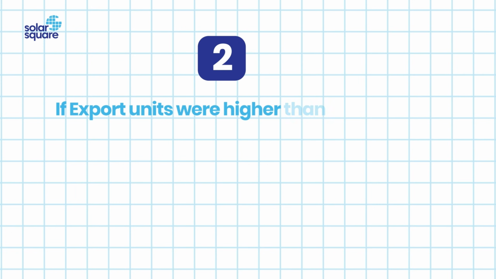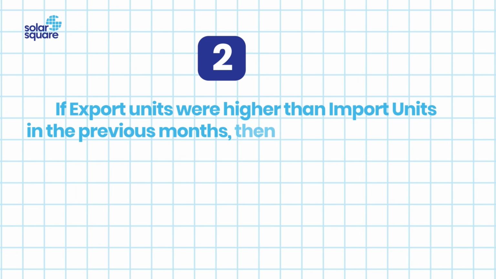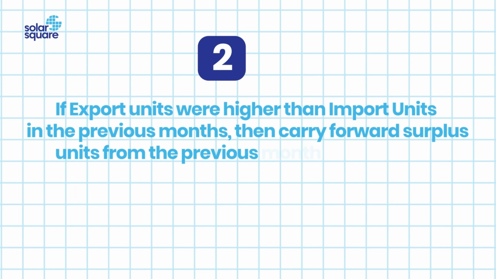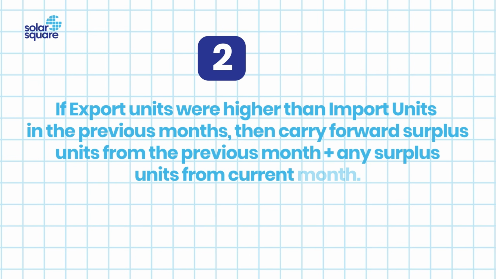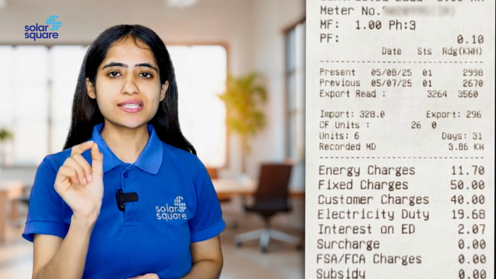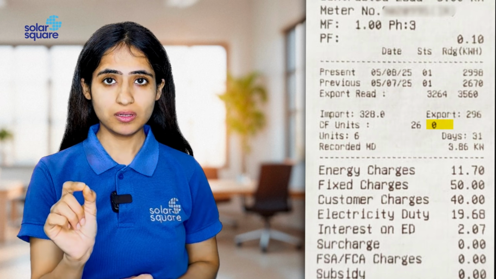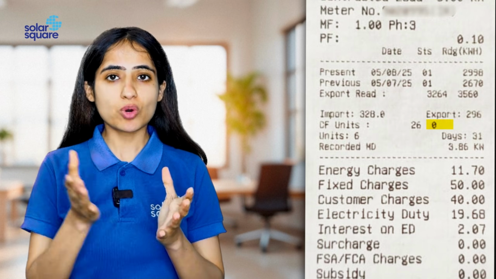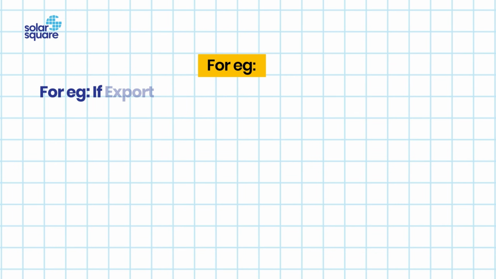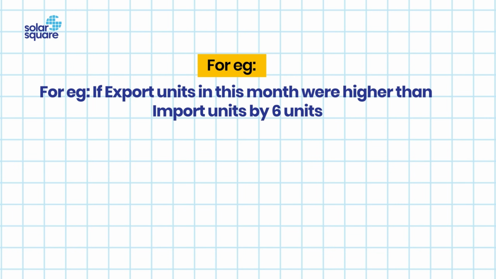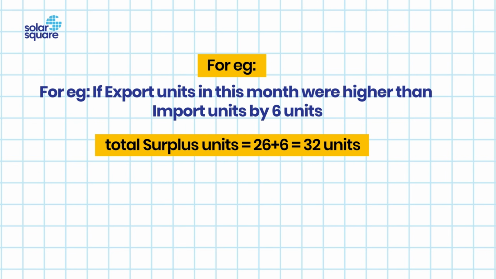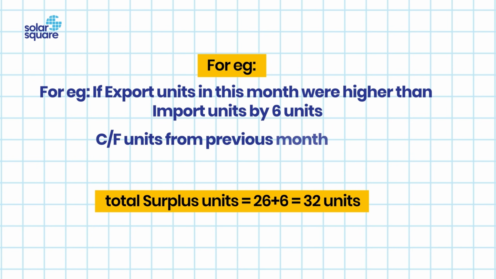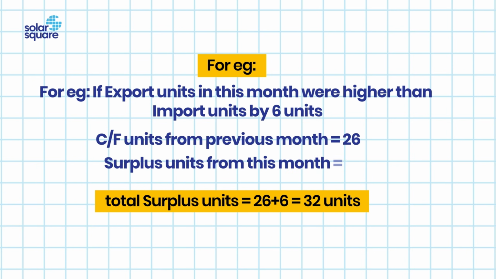Second, if the export units were higher than the import units in the previous months, then the total of those carry forward surplus units plus any surplus from the current month is displayed here. Since the value is 0 in this bill, it means there is no surplus export unit to carry forward. For example, if the export units were higher than the import units by 6 units in the current month, this field would display 32 units, which includes 26 units carry forward from the previous month and 6 units from this month.